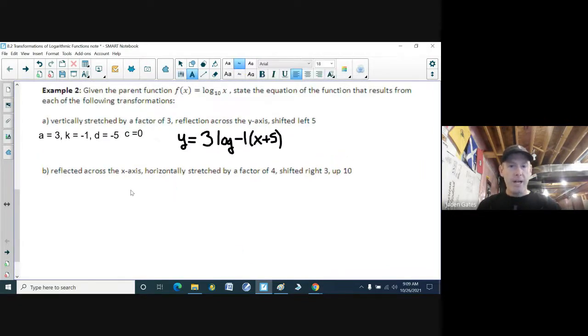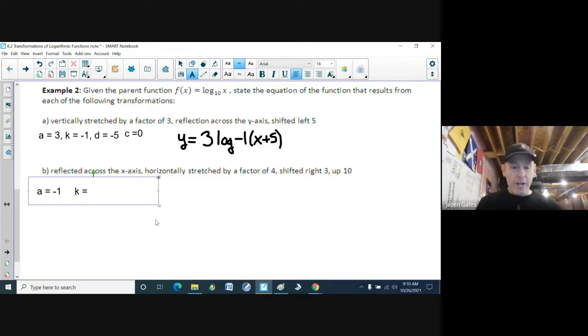All right, next up, we have reflected across the x-axis. All right, so that's telling me my A value is negative, and since I don't know anything else about A, it must be just a -1. Now this one, horizontally stretched by a factor of 4.